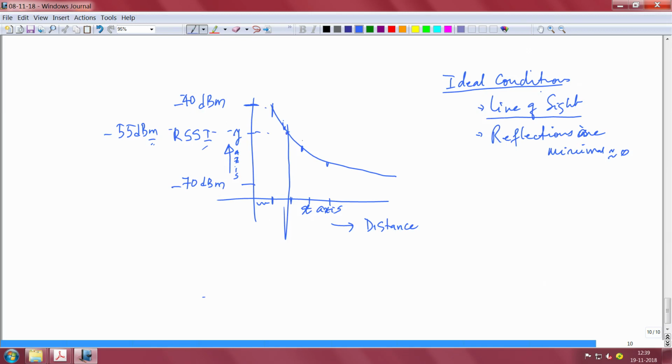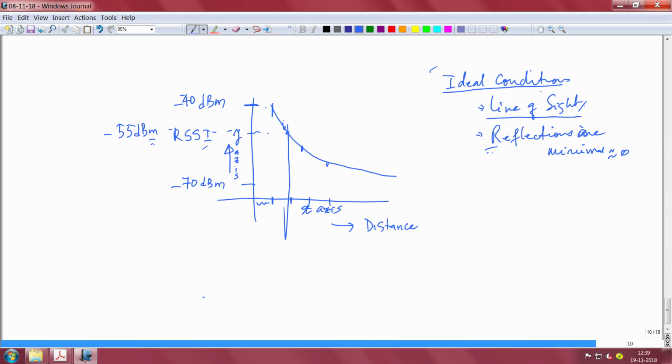After this you really do not know whether the minus 60 that you read is really mapped to a certain distance, or is it coming because of some other condition, maybe due to reflections or lack of line of sight and so on, okay. So, this is the problem.